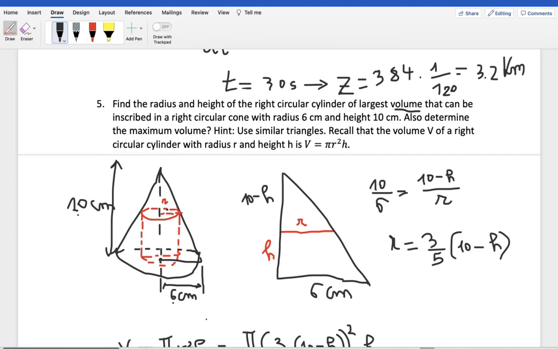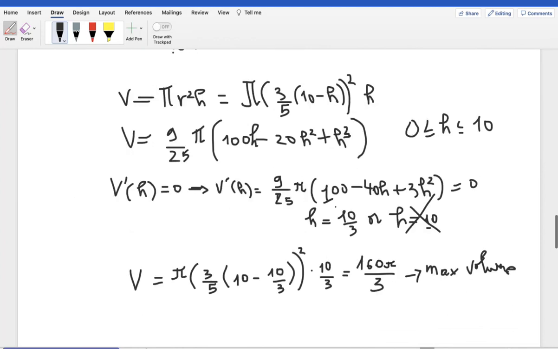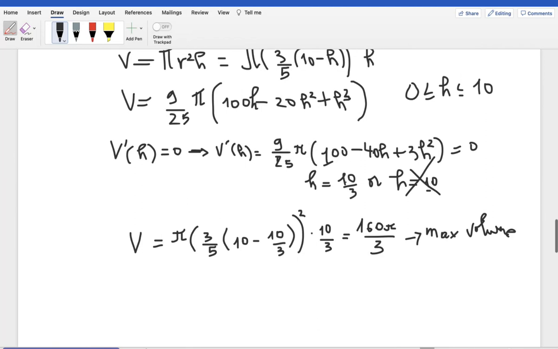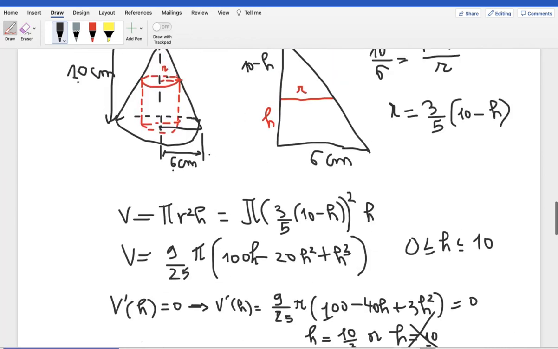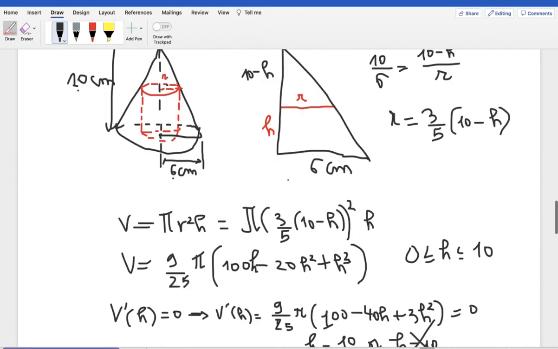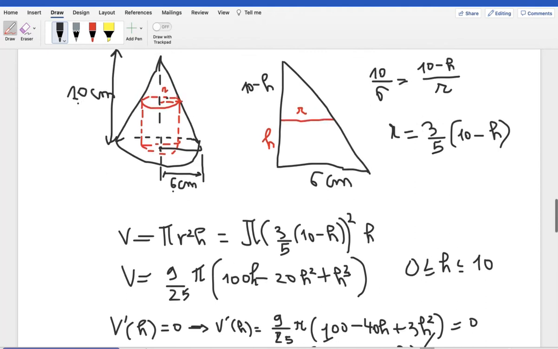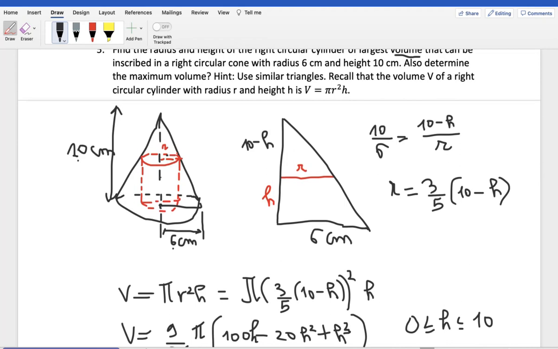those values have to be less than these values that are given to us because it has to fit inside, right? So just like we did, we found two values of h, one value that is equal to 10 and another value that is equal to 10 over 3. Obviously, like we said, 10 over 3 makes more sense because it is less than 10. When h is equal to 10, it wouldn't make sense because that is equal to the total height of the cone, which is not possible because the cylinder has to fit into the cone.